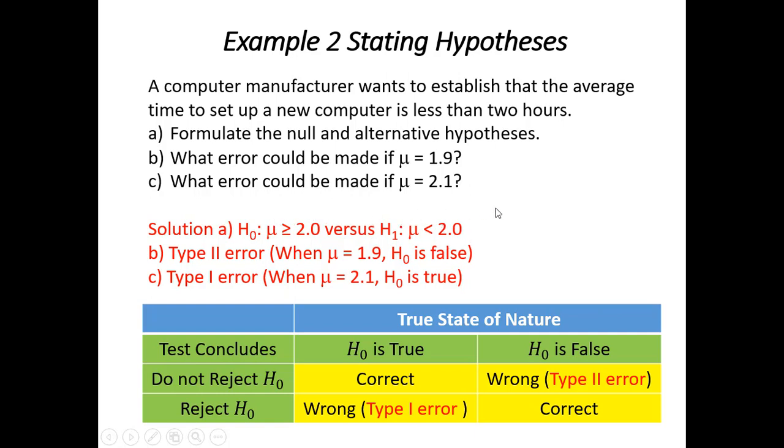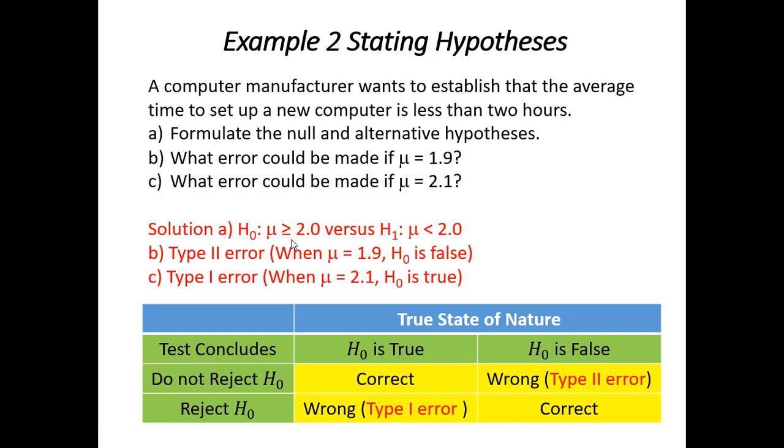Now, suppose we know that the true mean is 1.9. If we think of this with respect to the hypotheses we gave in part A, if the true mean was 1.9, you could see this would mean that the null hypothesis is false.